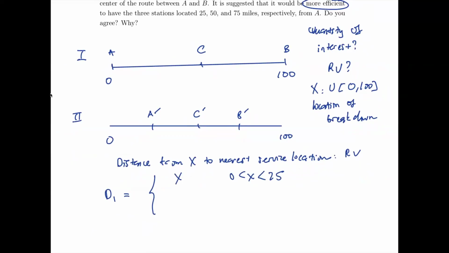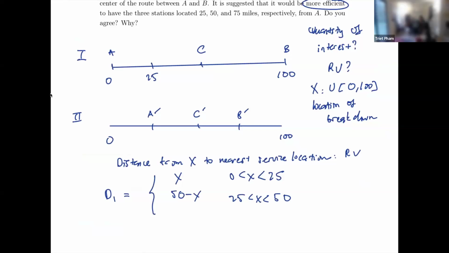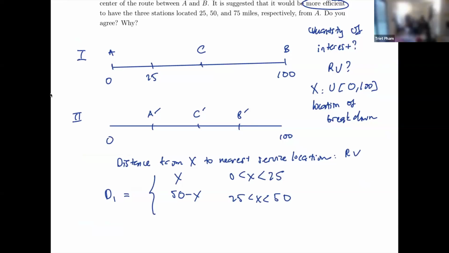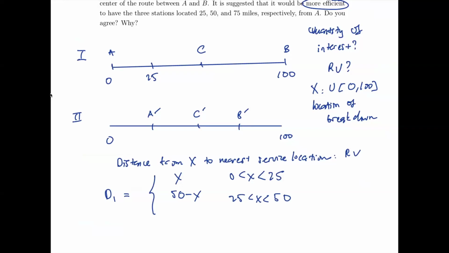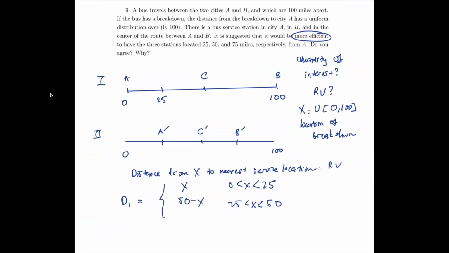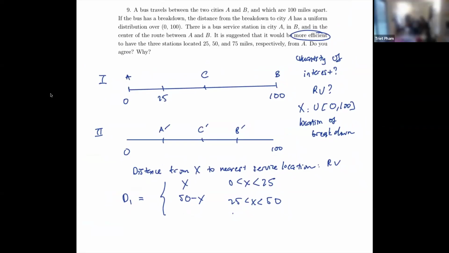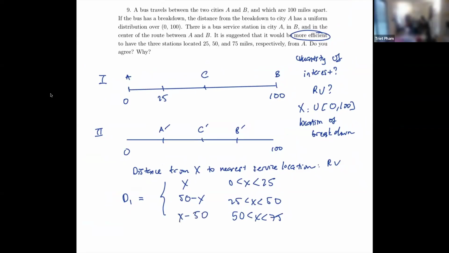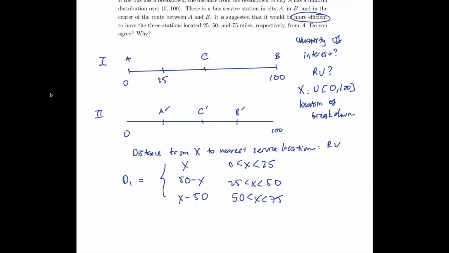And then from 25 to 50, it would be c minus x, or wait, c is just a name, right? Yeah, 50. Good. Yeah, that's why I tripped up for a second. I wasn't sure if c was the placeholder for the value. I forgot we were working with an actual number, 100. And then 50 to 75, that would be x minus 50. And then the last one would just be 100 minus x.